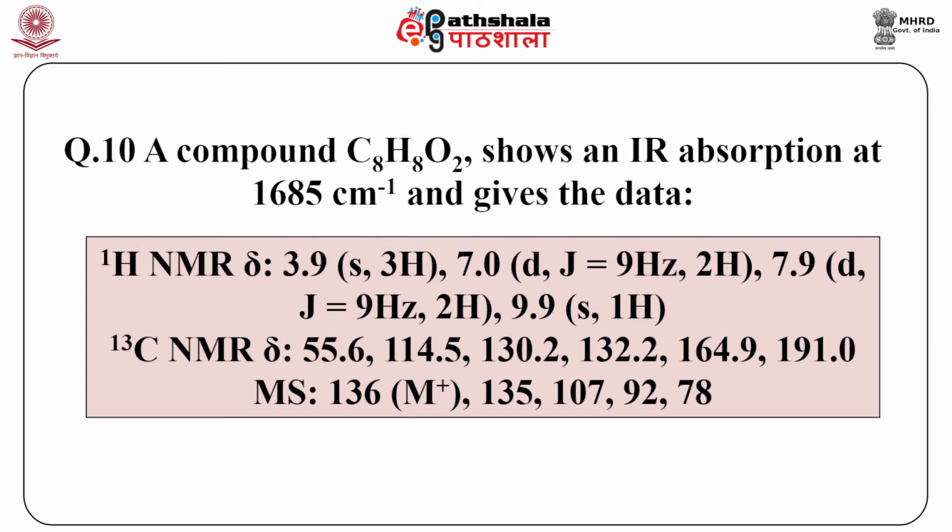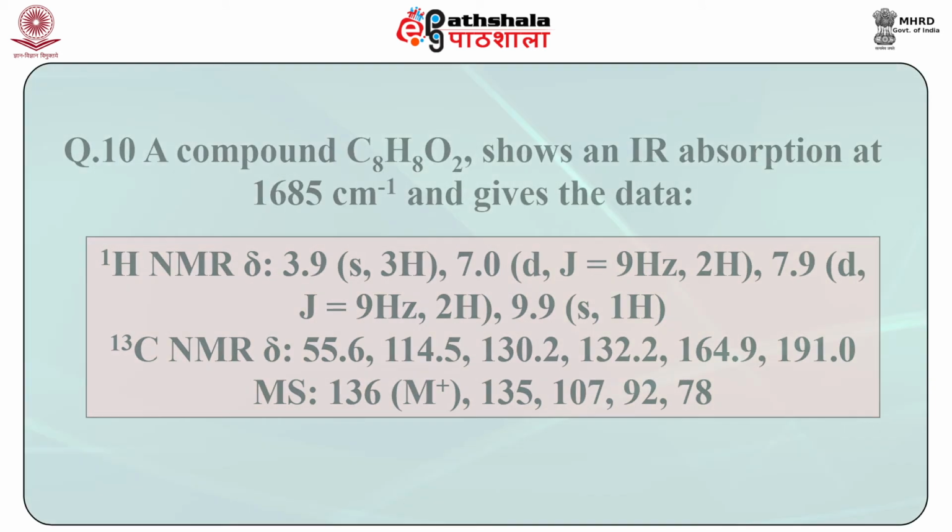The mass spectroscopy shows fragments and peaks at 136 as the base peak, 135, 107, 92 and 78. We have to deduce the structure of the compound and account for all the observations.